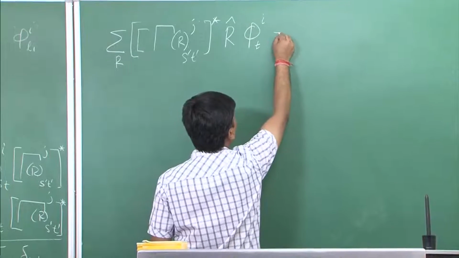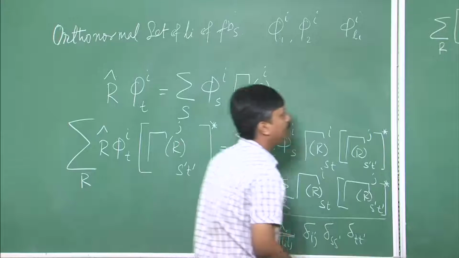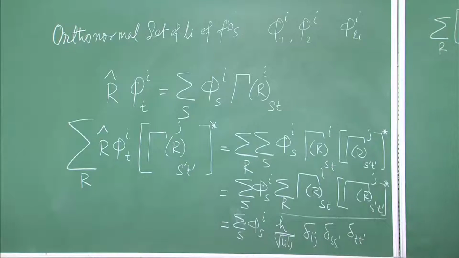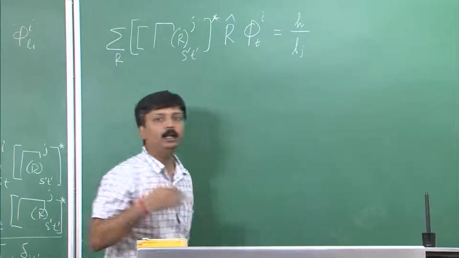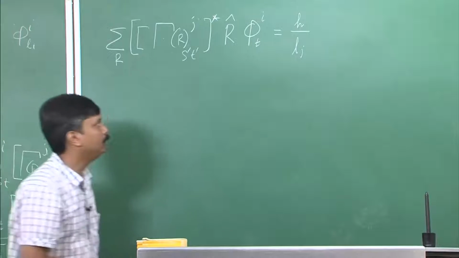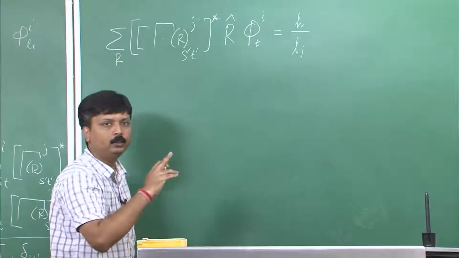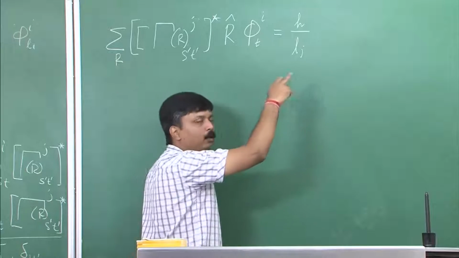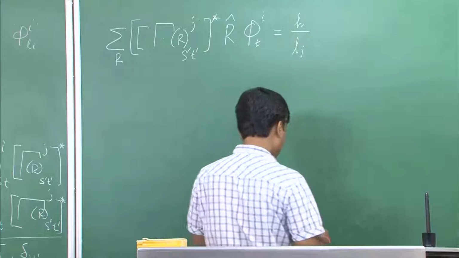Okay. So this is equal to, from whatever I said, h by Lj, because when i equals j, then only this right hand side will survive. So for i equals j, I have Li equals Lj. So Lj squared, take a root, I get Lj.